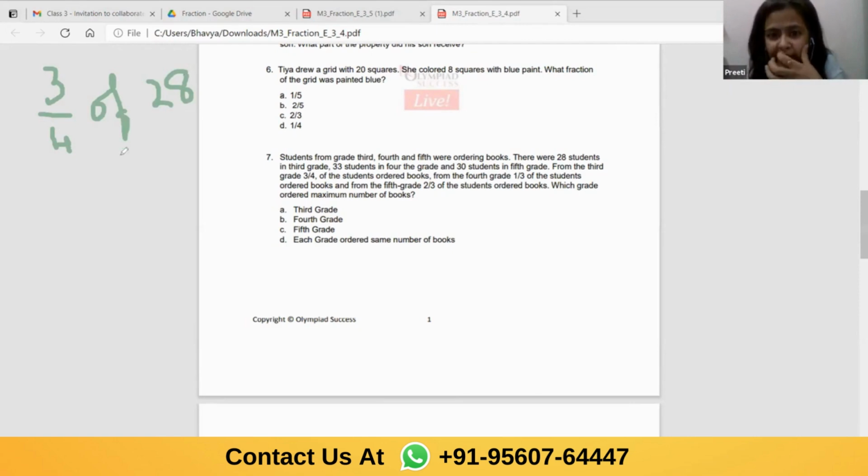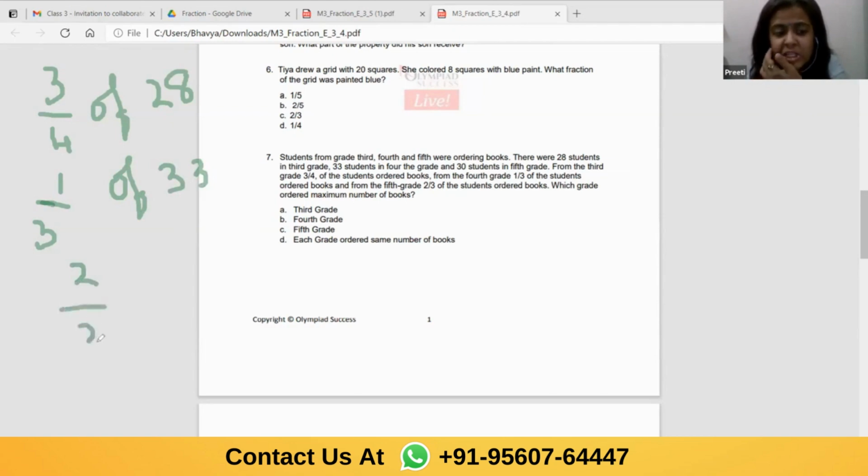Similarly, in 4th grade, 1 by 3 of 33 students ordered books. And in grade 5, 2 by 3 of 30 students ordered books. Now tell me in the chat box privately to me, which of the grades ordered maximum number of books.